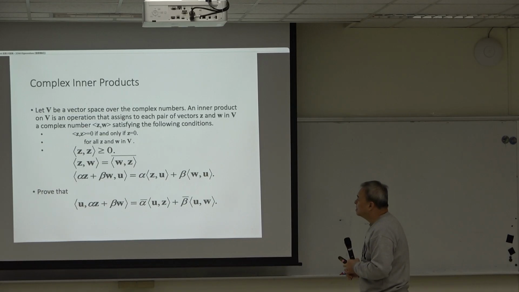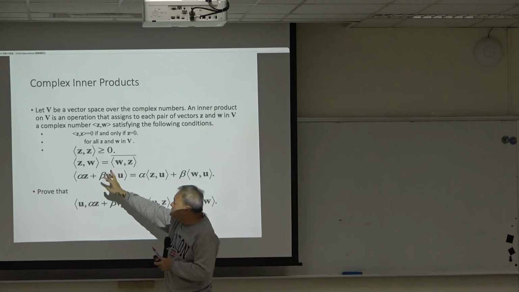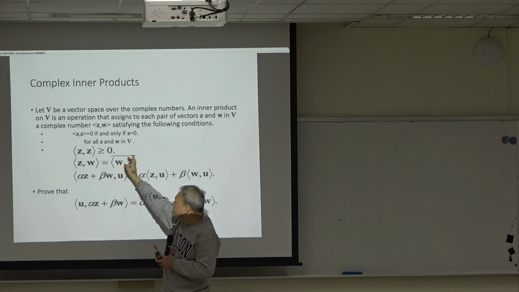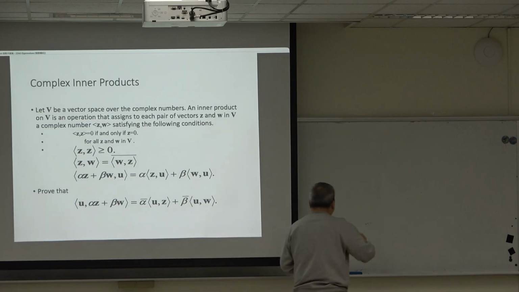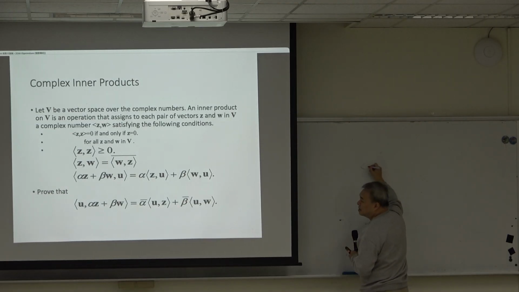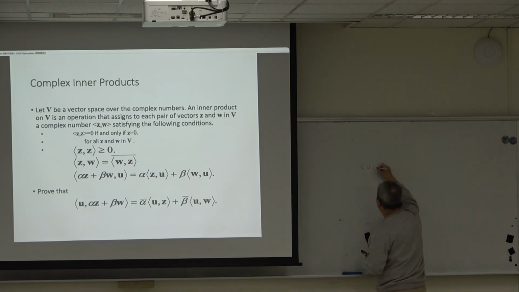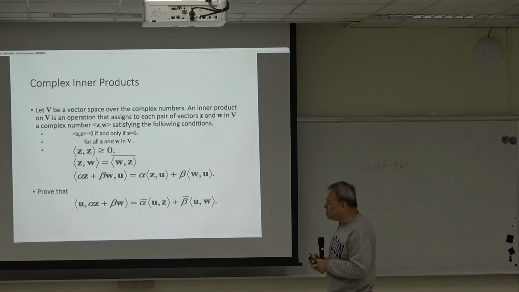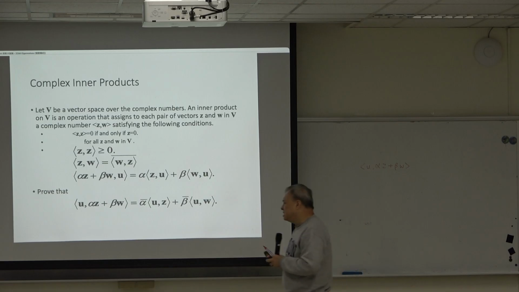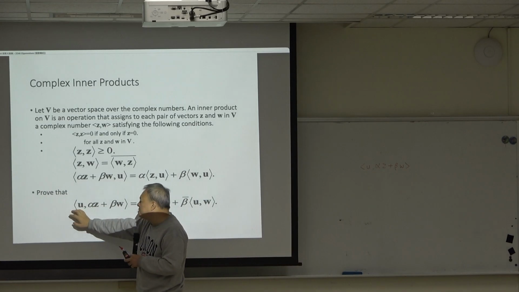First, when you change the order, like I mentioned, this one, U inner product alpha Z plus beta W. The distributive law can only be used when that sum appears in front.